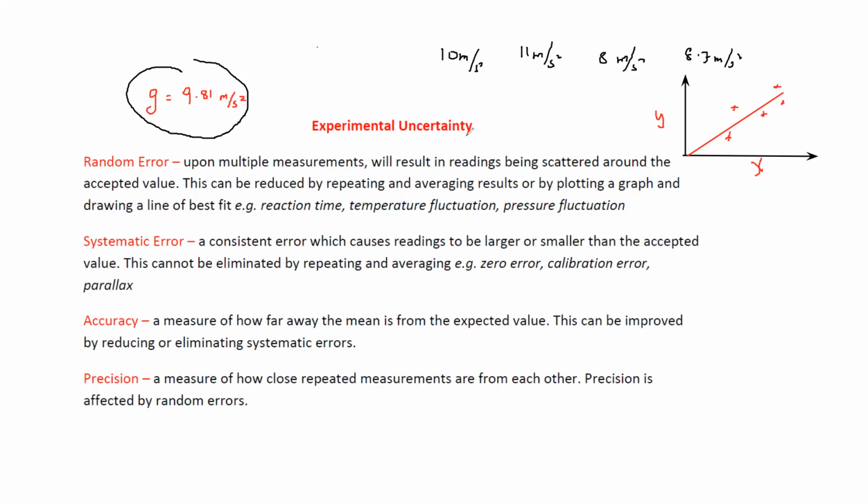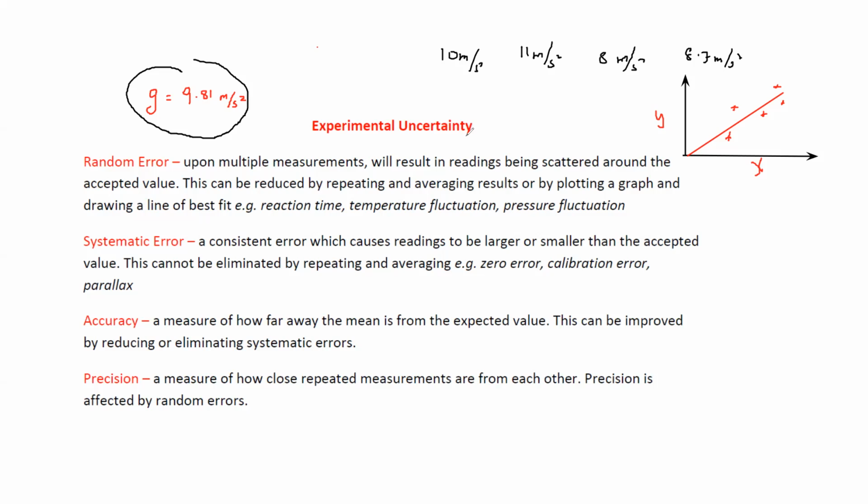Random error upon multiple measurements will result in readings being scattered around the accepted value, and this can be reduced by repeating and taking an average result, or plotting a graph and drawing the best fit straight line. For example, random error due to reaction time, temperature fluctuation or pressure fluctuation.